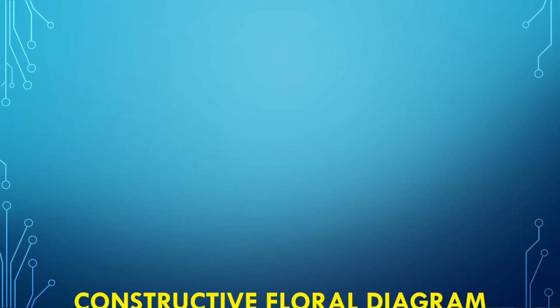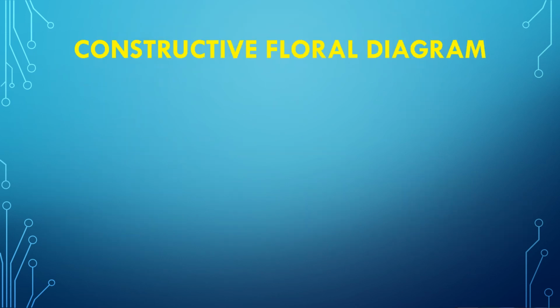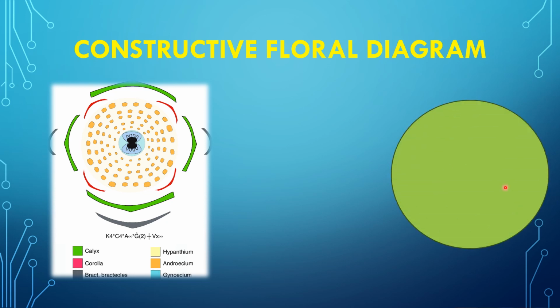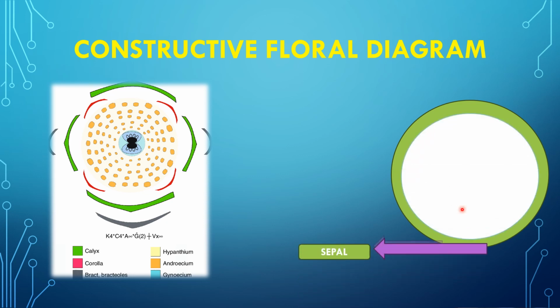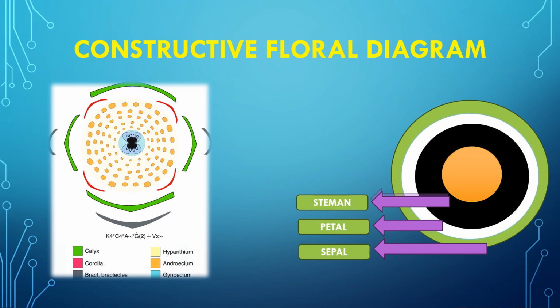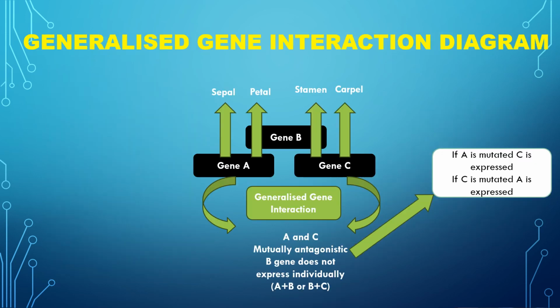Now let's look at them in still more depth. Let's look at the constructive floral diagram that we already saw. The outermost whorl of the flower is known as sepal, and the layer after sepal comes petal, and then comes stamen, and then the innermost is carpel.